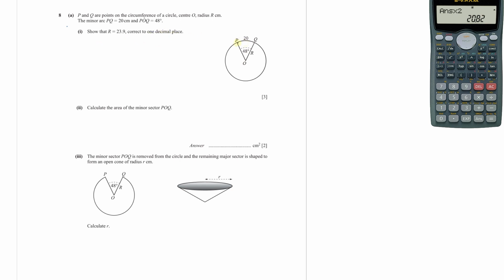So you know the arc length, so you can use the formula for arc length, which is arc length equals theta over 360 into 2 pi r. So the arc length you're given is 20, the angle is 48 over 360 into 2 pi, and the radius is capital R. So your capital R will be 20 into 360 divided by 48 into 2 pi. So let's calculate this.